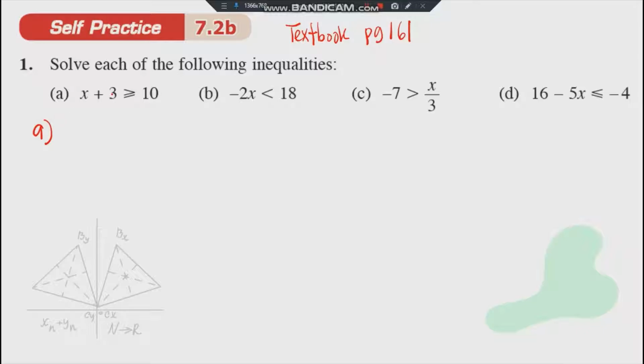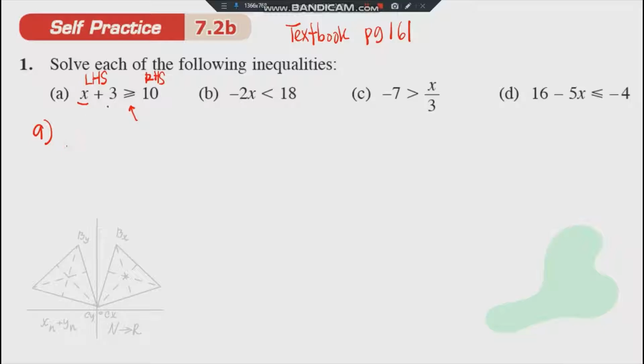We have x plus 3 on your left hand side and greater than or equal to 10 on your right hand side. We want to make sure our variable for this question is x. So we want to make sure our x stays on the left hand side and the rest of the numbers or operations we will move to the right hand side.